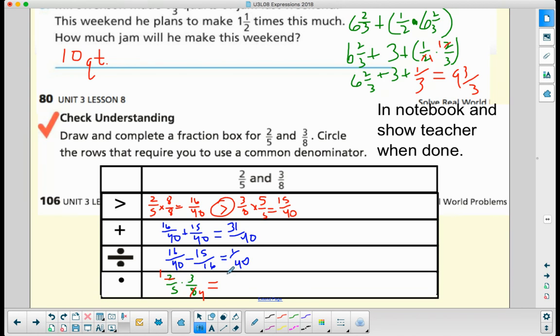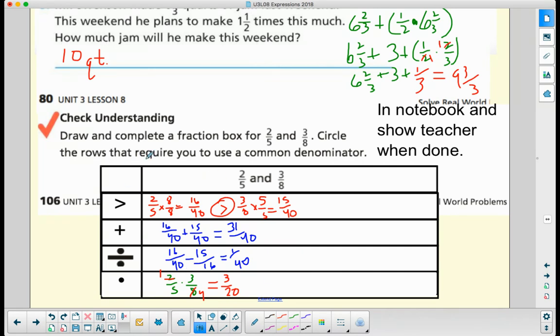Numerator, 1 multiplied by 3 is 3. Denominators, 5 multiplied by 4 is 20, would be 3/20. And that's how I would complete that box. And that also completes the lesson for Unit 3, Lesson 8. Seeing how multiplying compares to doing the other operations.